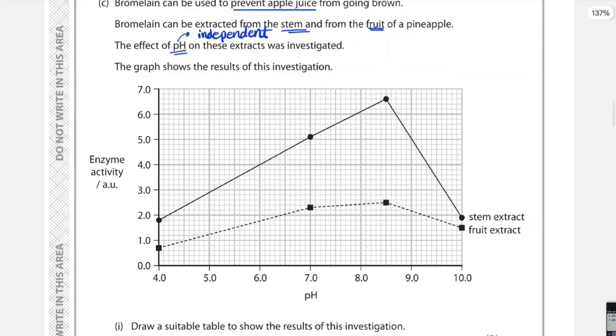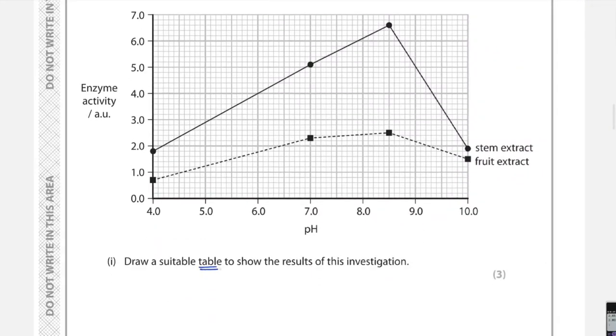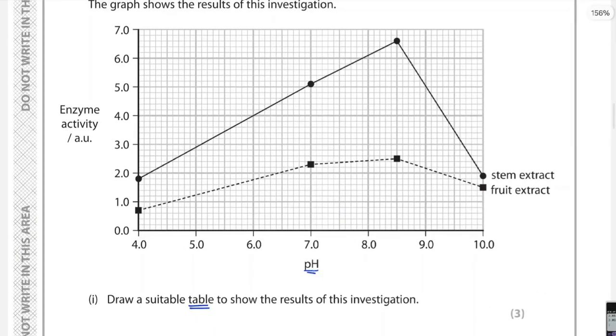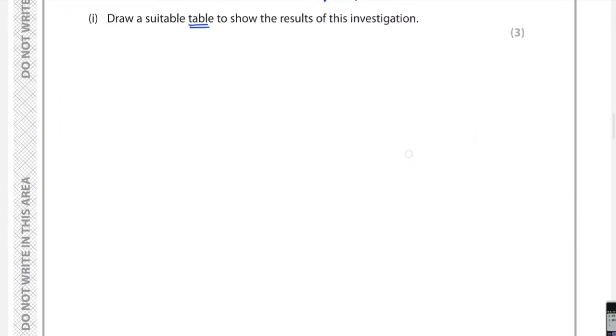And here the graph is plotted and everything's ready, but it's asking us to draw a suitable table to show the results of this investigation. And we know now that the pH here is the independent variable. The one on the x-axis is the one on the left side of the table. And the enzyme activity for both stem extract and fruit extract is on the right side of the table. So let's draw a suitable table.